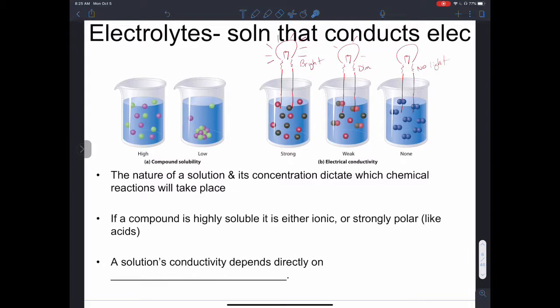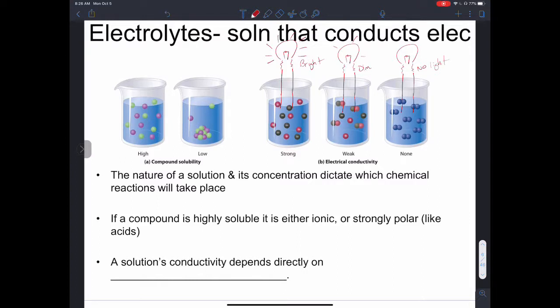If a compound is highly soluble, right, that means it's either ionic, or it's strongly polar like these acids. And that's part of the secret to these acids, is that they have hydrogen in them that can be strongly polar and it can pop off in the water.